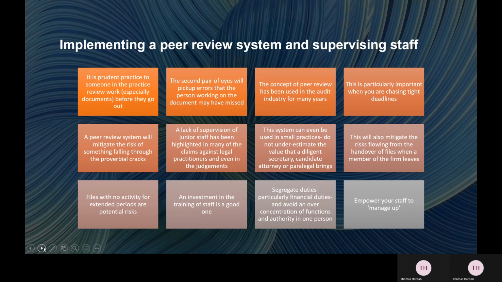Another option that you can consider is to refer the client to another attorney who may have more appetite for the matter than you do.